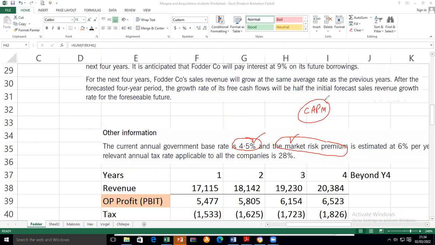Is that okay? Adding the interest, the cost of debt, how do we know that it's pre-tax? It is anticipated that Fodder company will pay interest at 9%. The interest rate which the bank quotes for you is pre-tax. The bank doesn't know your tax position. It's up to you who knows your tax position. The relevant tax applicable to you is 28%.